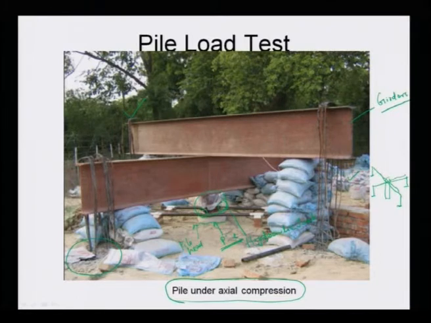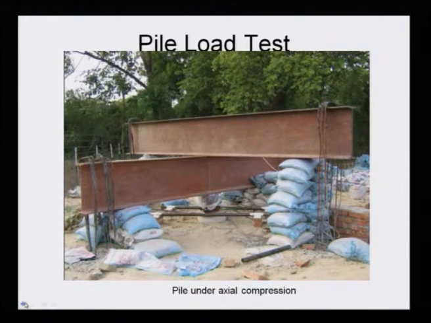After putting the hydraulic jack on the pile head, place one girder, this is one girder. Now place 2 dial gauges diametrically opposite, so that at both ends you can find out how the displacement or settlement varies.